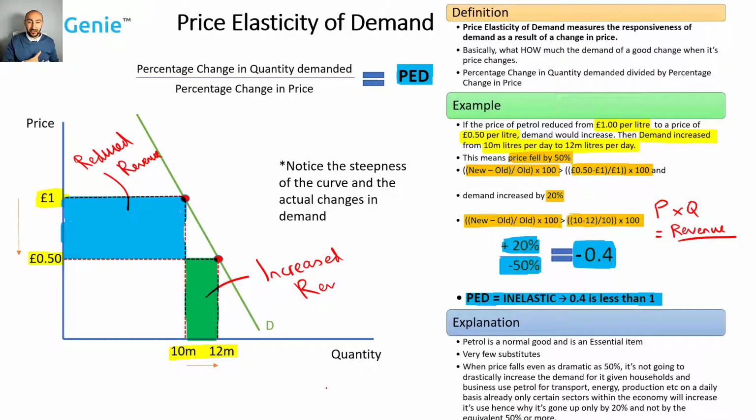So therefore, it's only going to go up by 20% and not the 50% or more that we would think it would. So hence it results in a reduction in revenue. And that's the essential part. That's where the detailed analysis comes in.